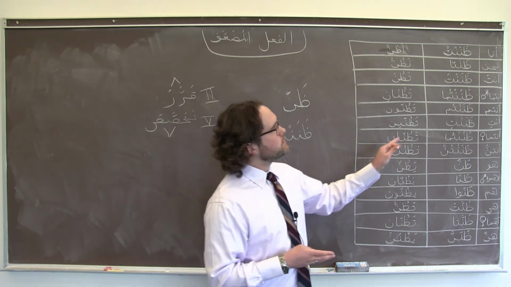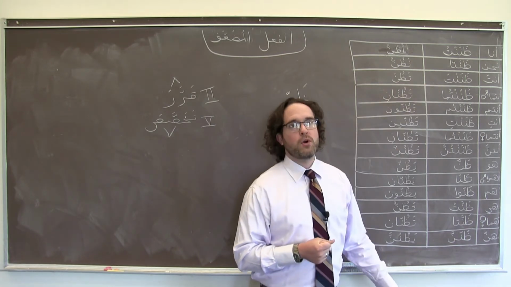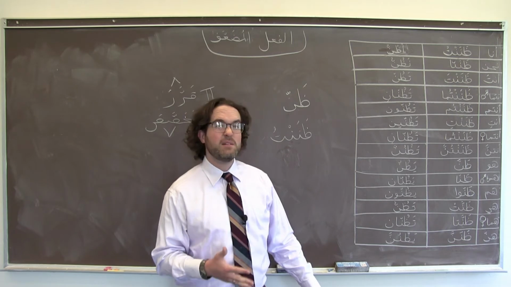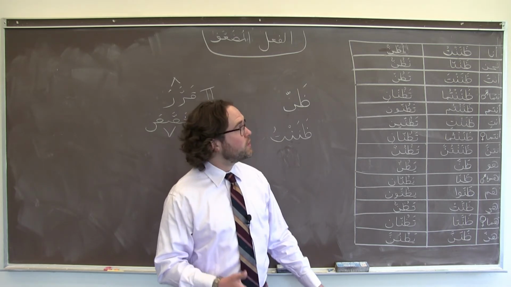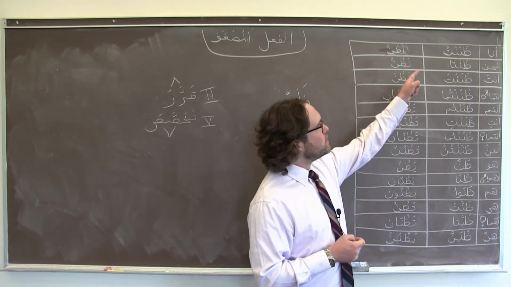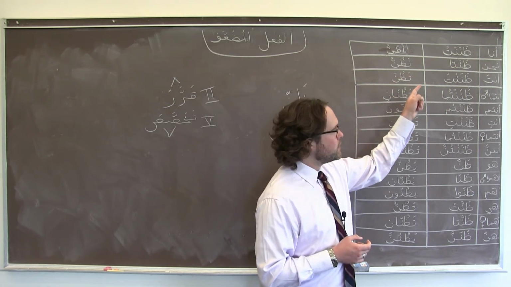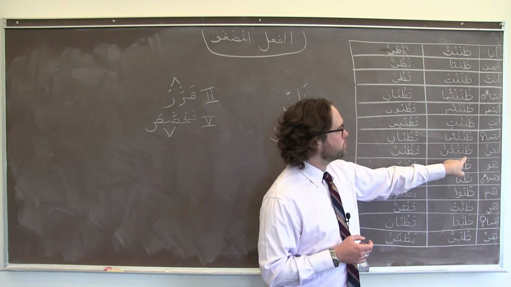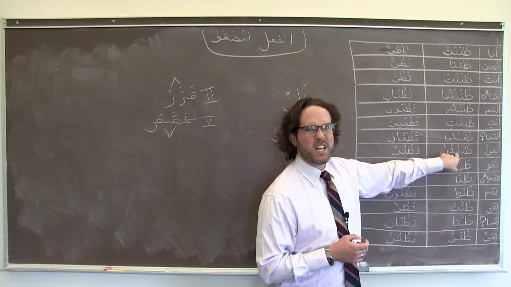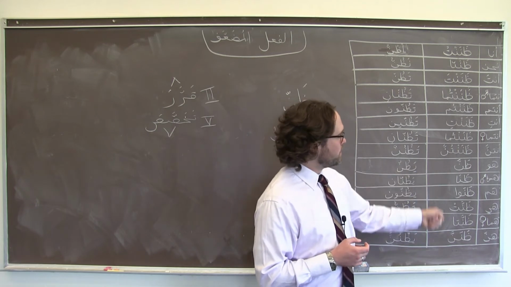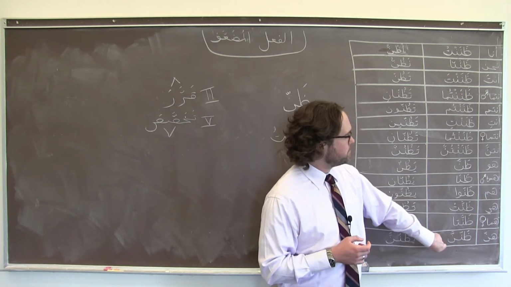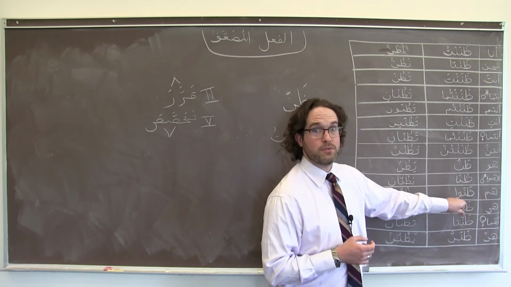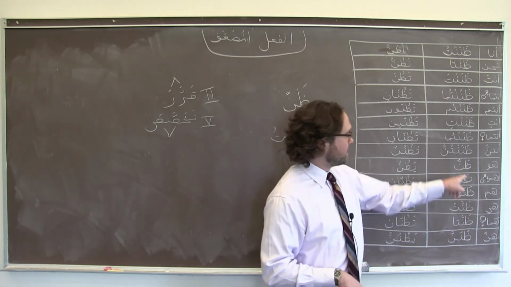You could attempt to memorize all 14 of these past tense conjugations, but there is a simpler way to do it, which is to recognize that all of the first person and all of the second person conjugations separate those last two root letters, and all of the third person conjugations, except for one, keep the pair of noons, the doubled consonants, together under one shadda.